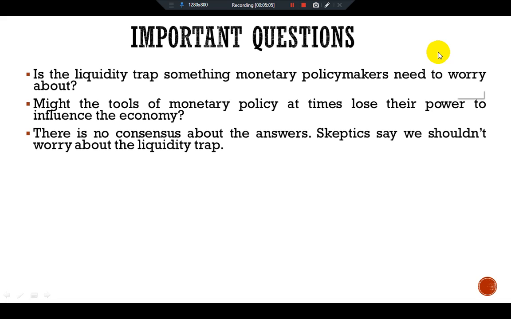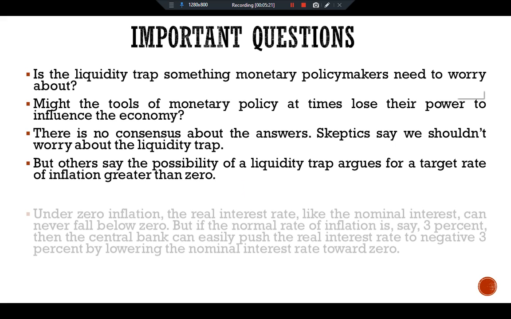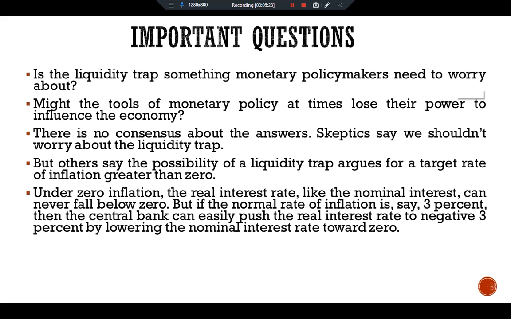Skeptics say we should not worry about the liquidity trap, but others say the possibility of the liquidity trap argues for a target rate of inflation greater than zero. Under zero inflation, the real interest rate, like the nominal interest rate, can never fall below zero.